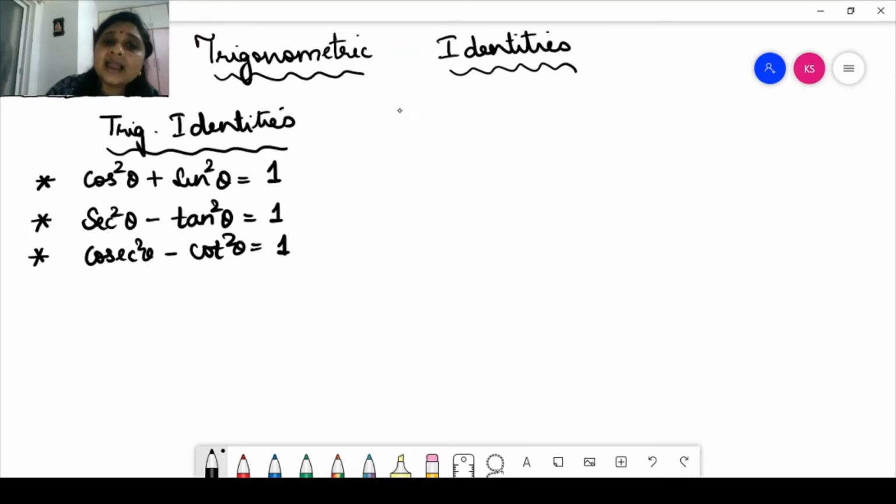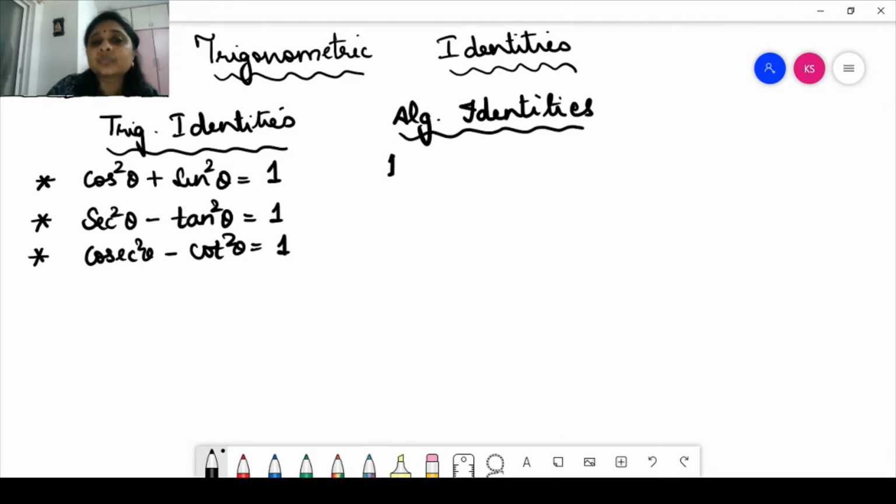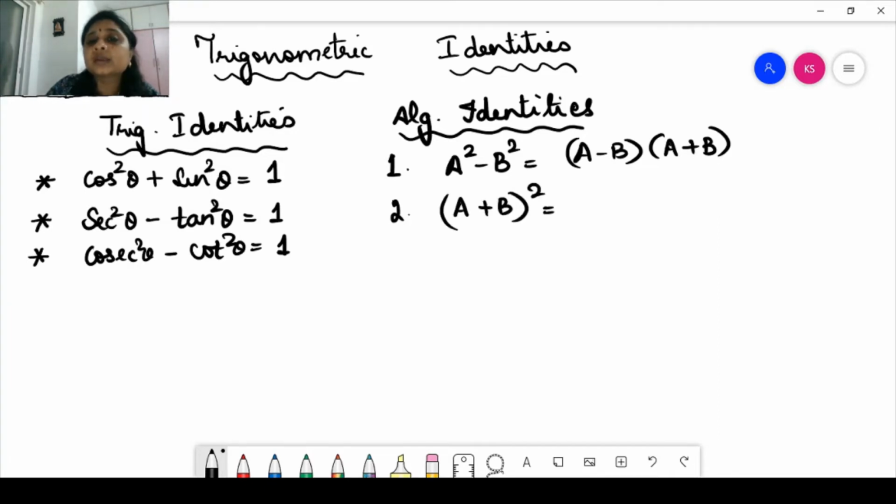Then the algebraic identities that we might use to solve these identity based problems in trigonometry are, number 1, a square minus b square is a minus b into a plus b. Number 2, a plus b the whole square is a square plus b square plus 2ab.